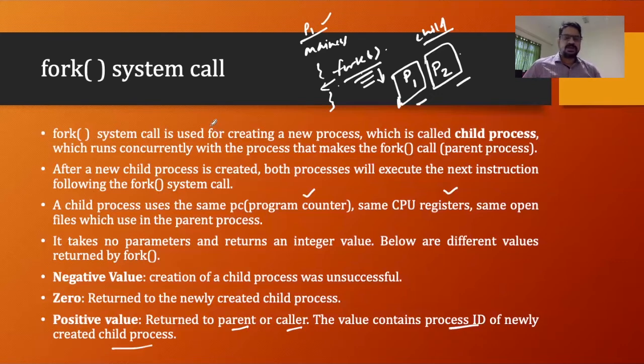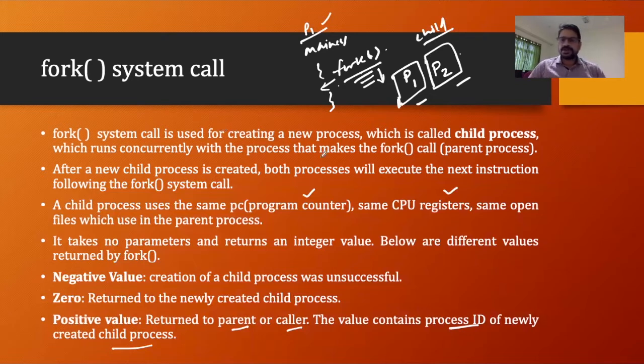Once the process is created, as we have discussed, one of the attributes of the process is the process ID. The process ID is available with each and every process that is currently executing in the system.